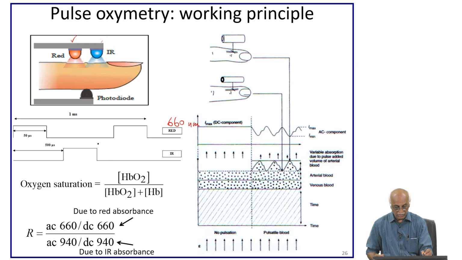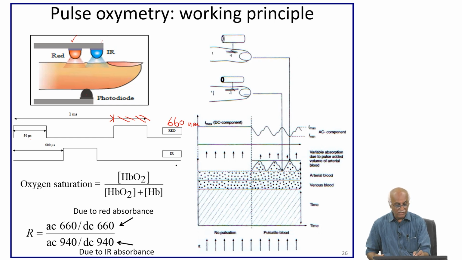So basically every 1 millisecond one pulse is there, with 50 microsecond as the pulse width. So every 1 millisecond we will see a 50 microsecond pulse width of this red light.